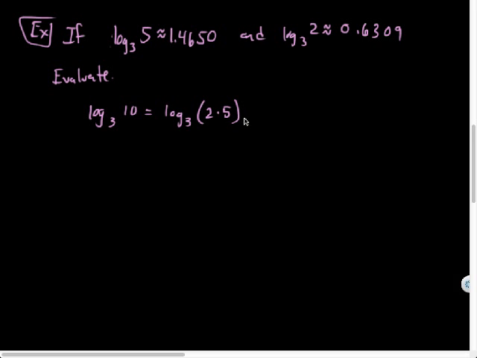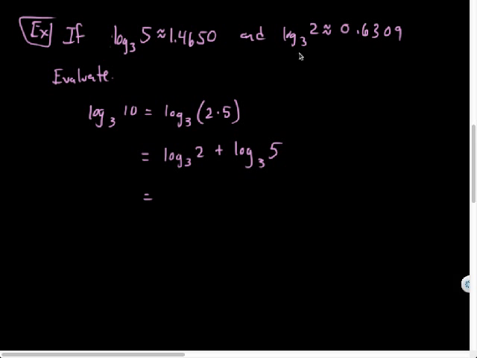So log base 3 of 2 times 5, well, the log of a product is equal to the sum of 2 logs. So we've got log base 3 of 2 plus log base 3 of 5.